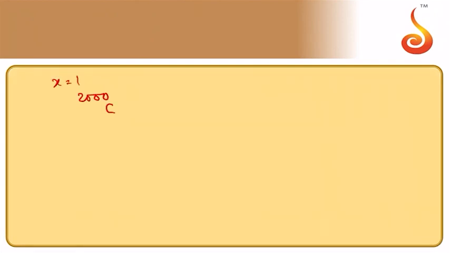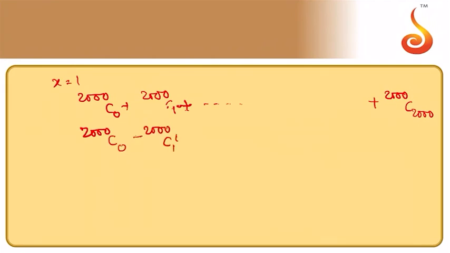Now we substitute x equal to 1, omega, omega square and add them up. When we substitute x equal to 1, you get 2000 C0 plus 2000 C1 and so on. Last term will be 2000 C 2000.